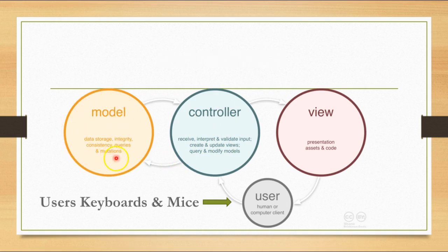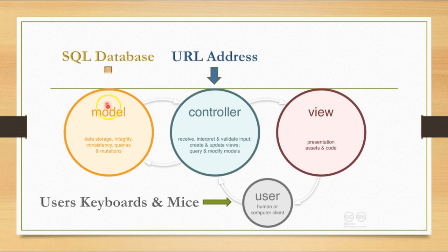The model usually retrieves the data from the SQL database. The database model is then passed back to the controller. Again, we saw that last week. And the controller will determine which view to call so that the web browser can render the view back to the user.